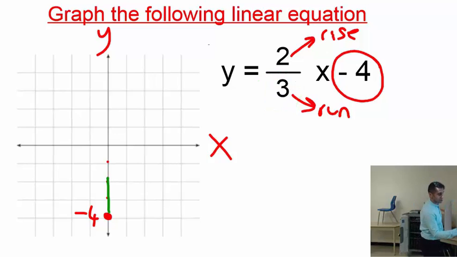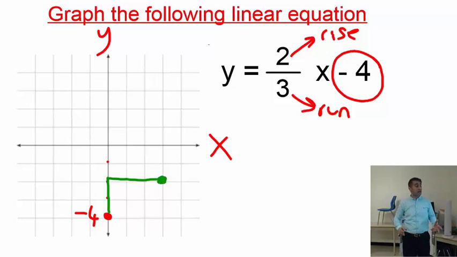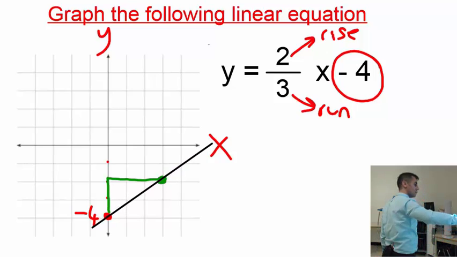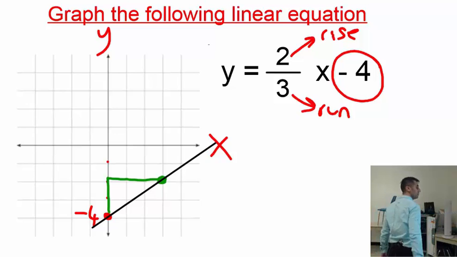From here, 1, 2, 3. That's your second point. Now you have the 2 points to draw a line, and that will be a perfect graph of a linear equation using the slope intercept form.